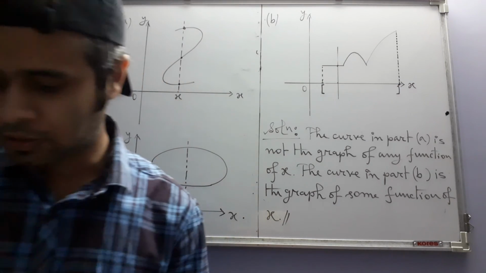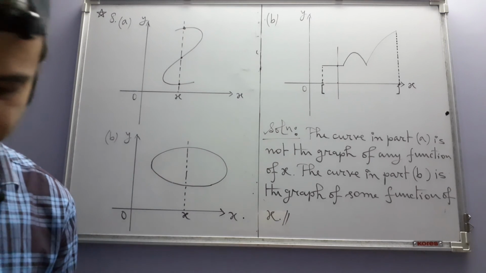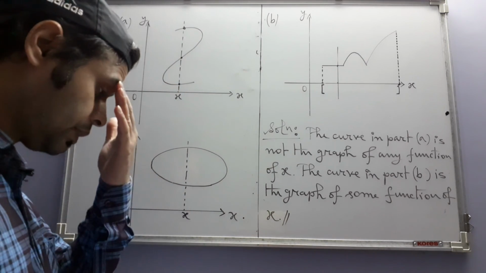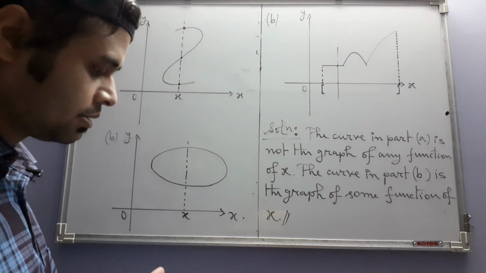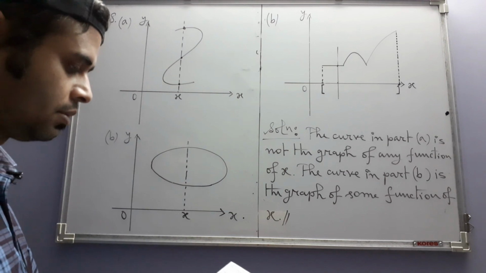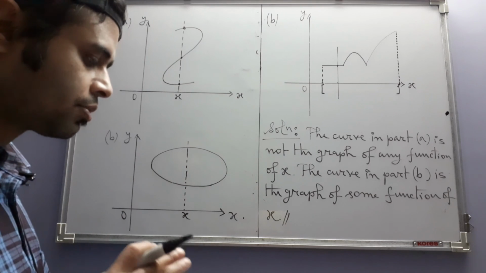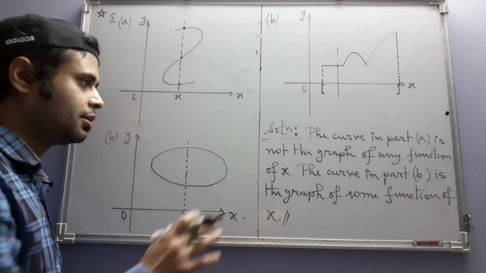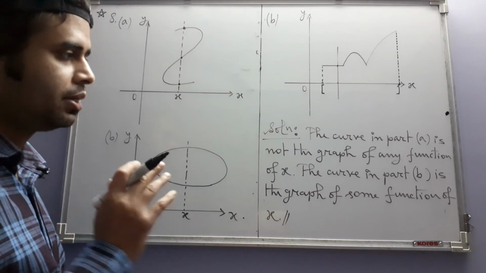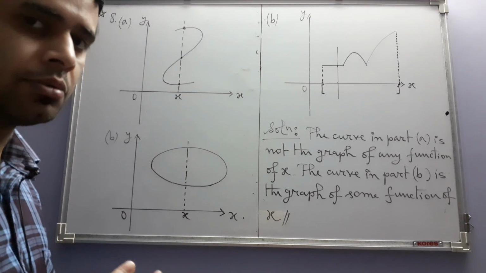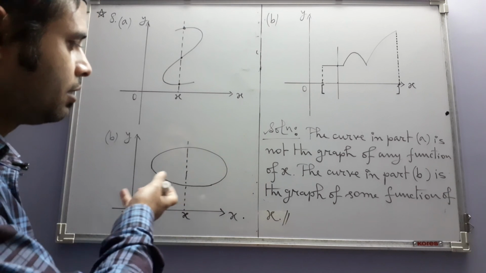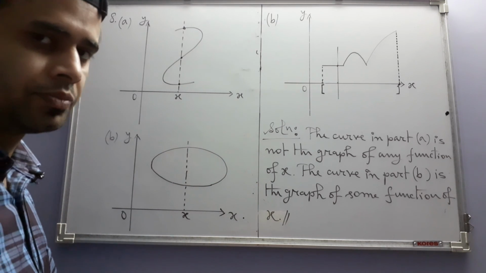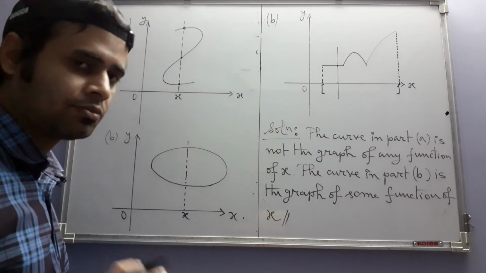Okay. So after these two exercises, there are of course many more. The next set of exercises asks us to find formulas for functions. So far we have seen that we are given formulas for functions. We have been asked to find the natural domain and range, and then we are given curves. We are asked to say whether the curves can be the graphs of some function.